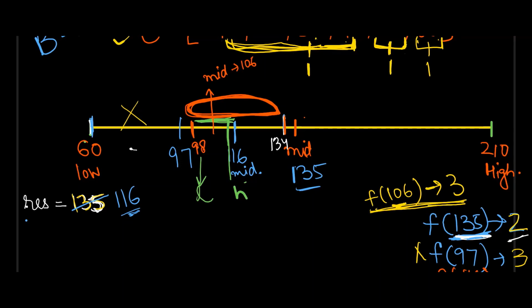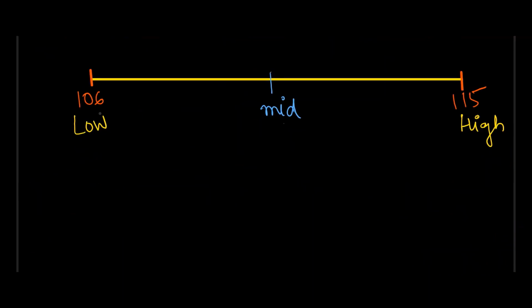So here three painters are needed to paint this entire part of the board. So we will cross this out, and here we'll be checking from mid plus 1 to this 116, this part of the board, which in the broader picture looks like this.